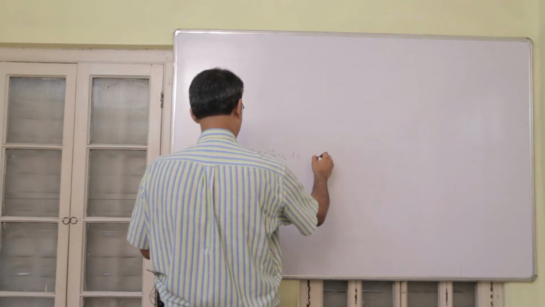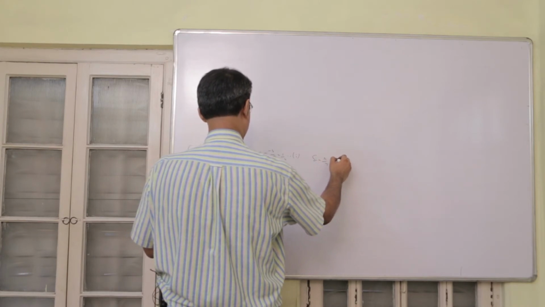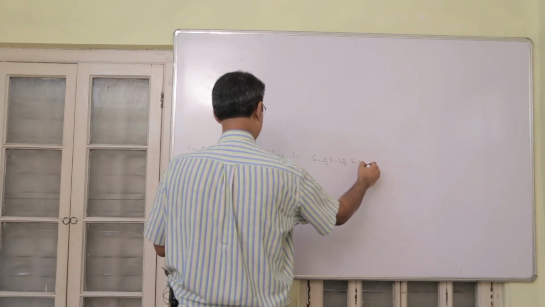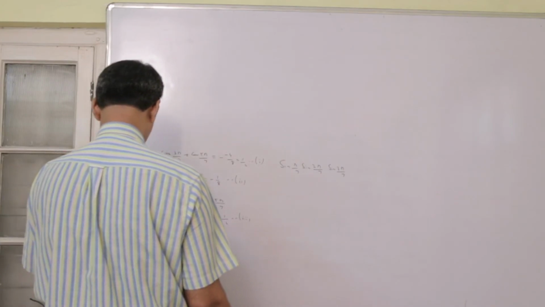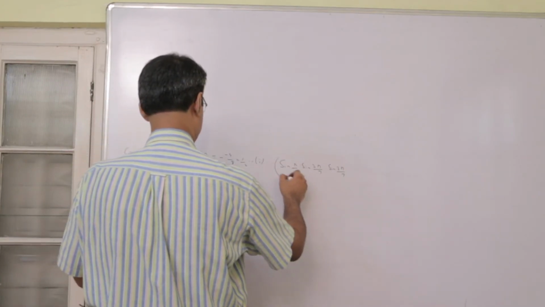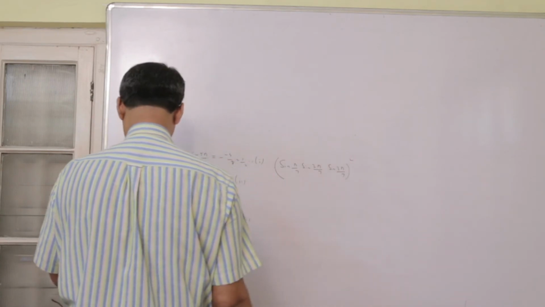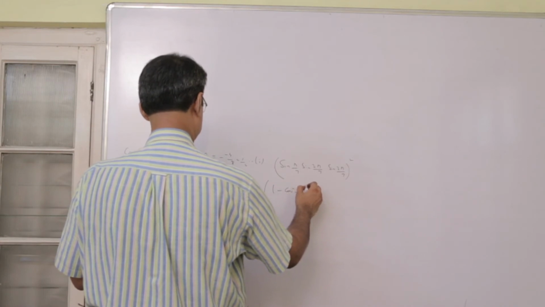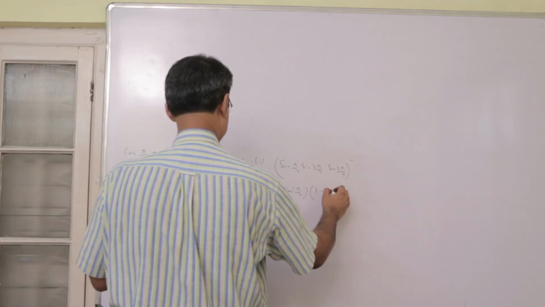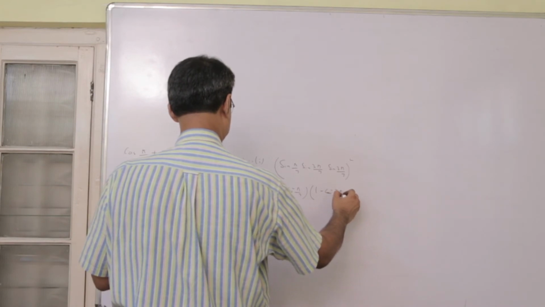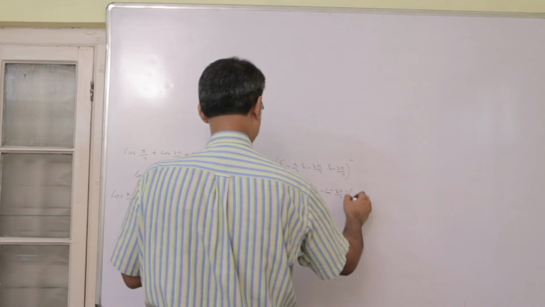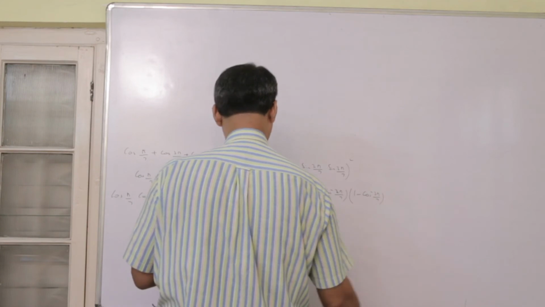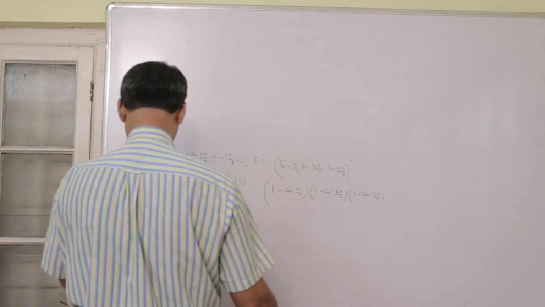For example, suppose we are asked to find the value of sin pi by 7 into sin 2 pi by 7 into sin 3 pi by 7. Suppose we have to find the value of this. So if you square it, then we'll get this.